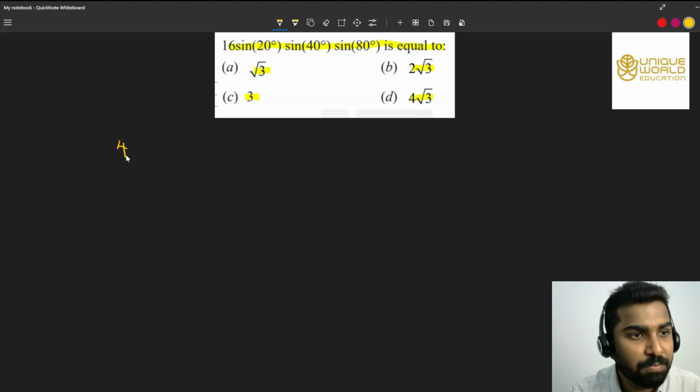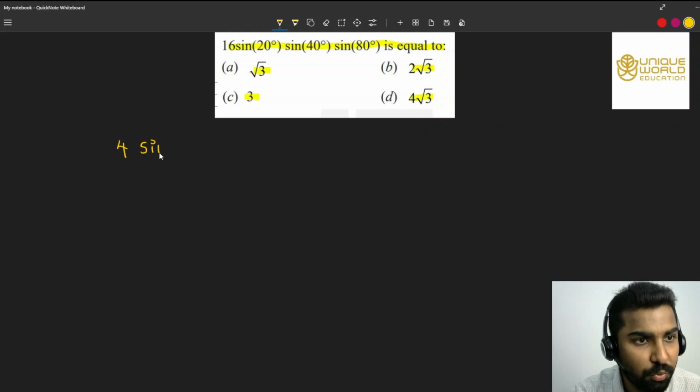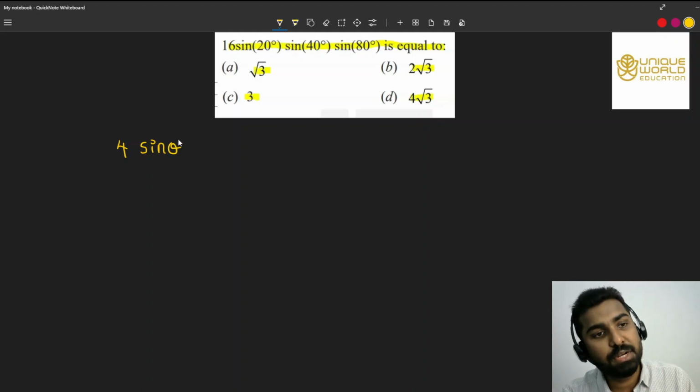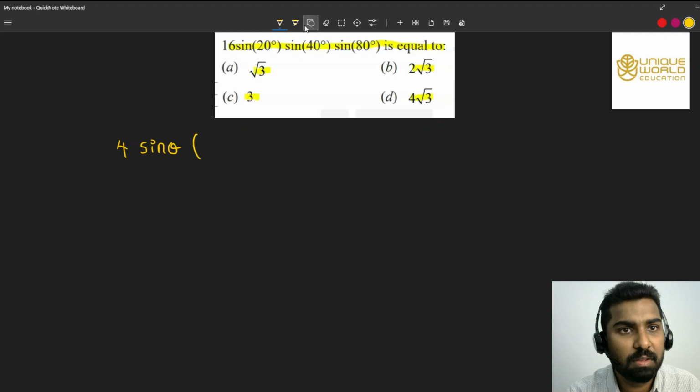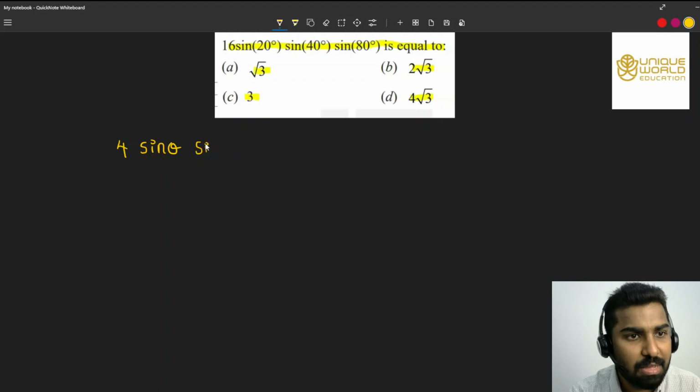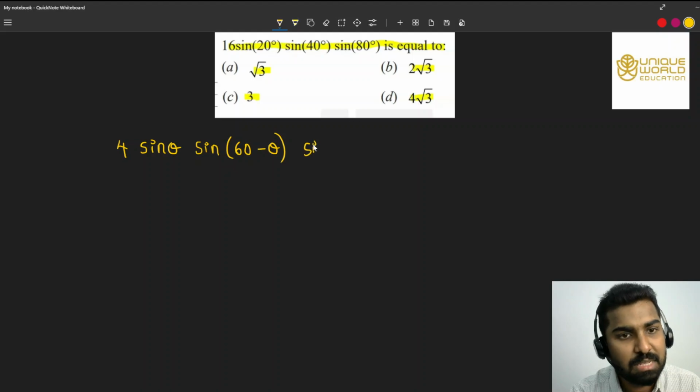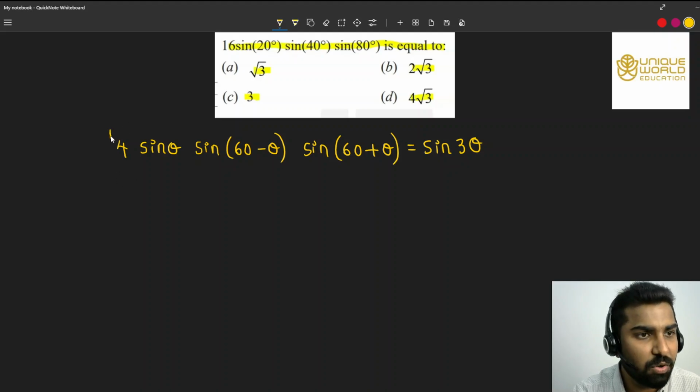Please keep in mind: 4 into sine theta into sine of 60 minus theta into sine of 60 plus theta will be equivalent to sine 3 theta. Please keep this formula in mind.